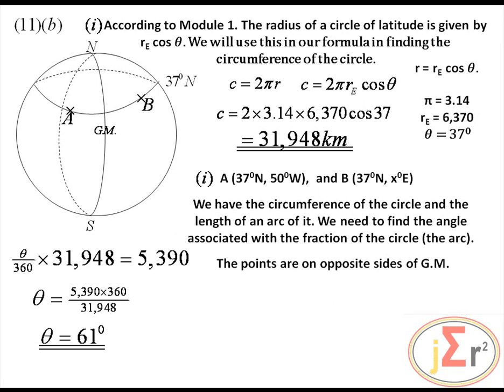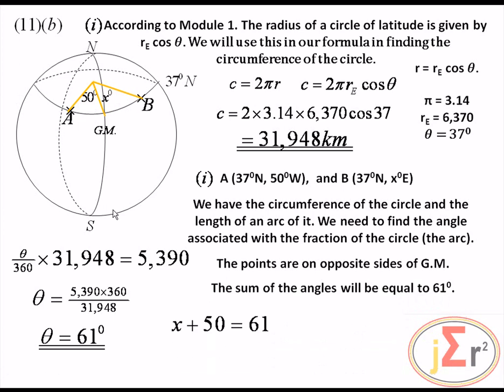So the points are on opposite sides of the Greenwich meridian, and of course this one is on a longitude of 50 degrees west and the other is x degrees east. So those two angles will have a sum of 61 degrees. See, 50 here and x there. So the total angle will be 61 degrees. Therefore, x plus 50 is equal to 61. Do our simple subtraction. x is equal to 11 degrees.